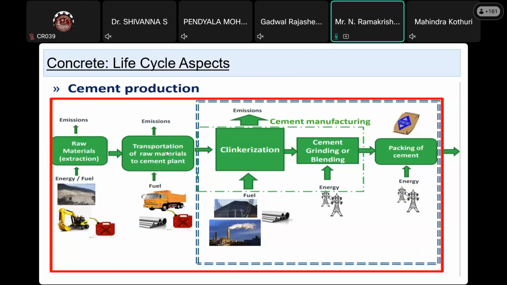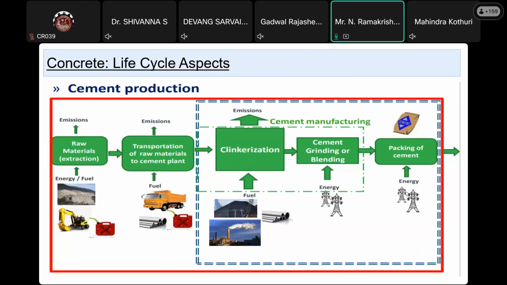Next, you transport the raw material to the cement plant. Here also, you are using some fuel for transporting, so there is also emission. So before you enter the cement factory, emissions are created at ore mining, and number two during the transport. And finally, you go to the cement factory, where clinkerization will take place. Earlier, I told you about using the kiln, the dry process and wet process. There you require fuel.